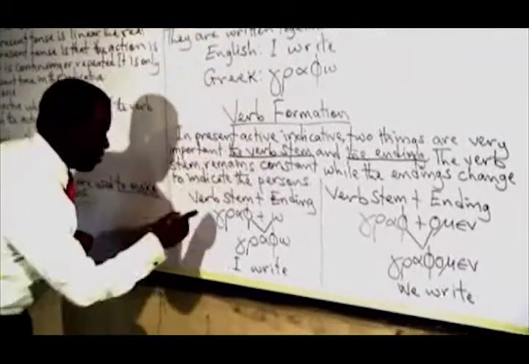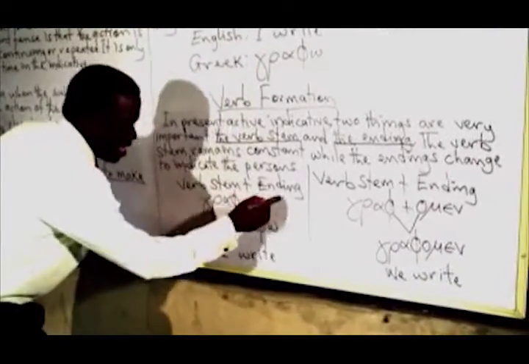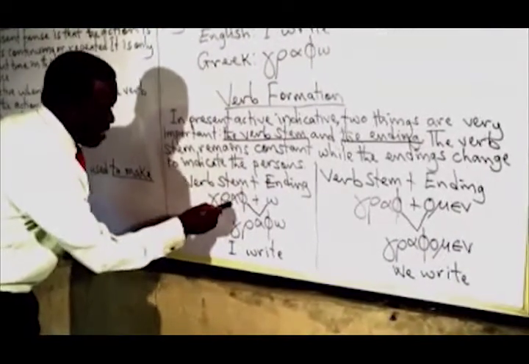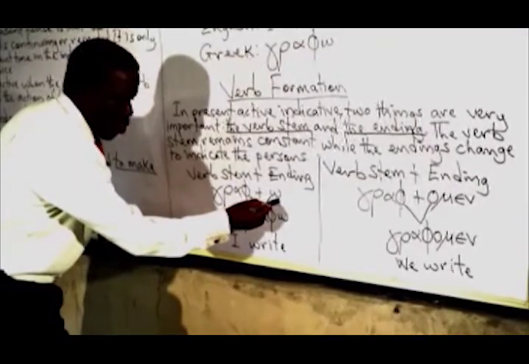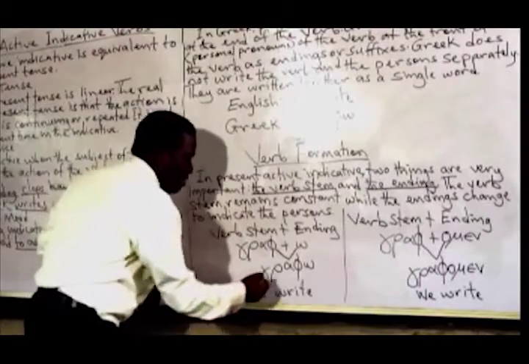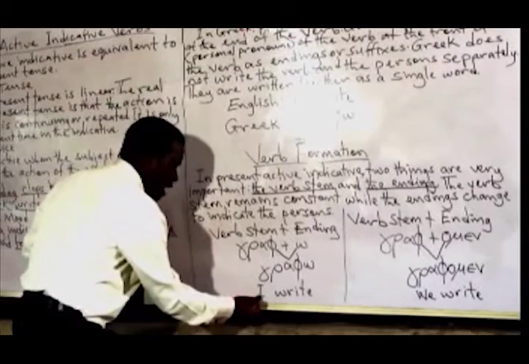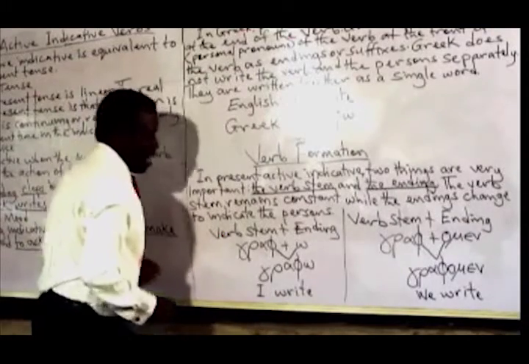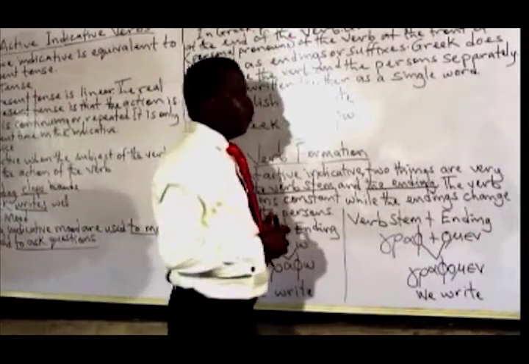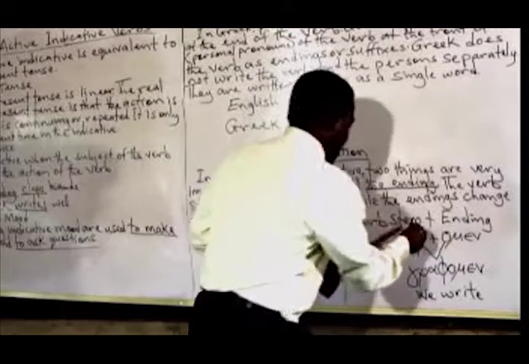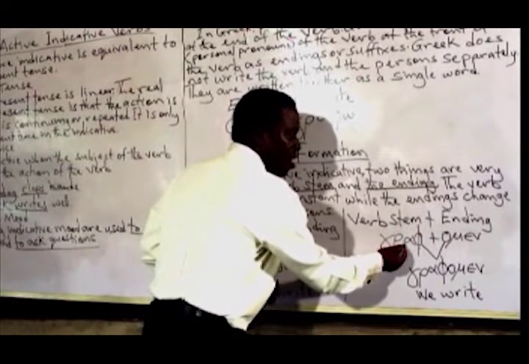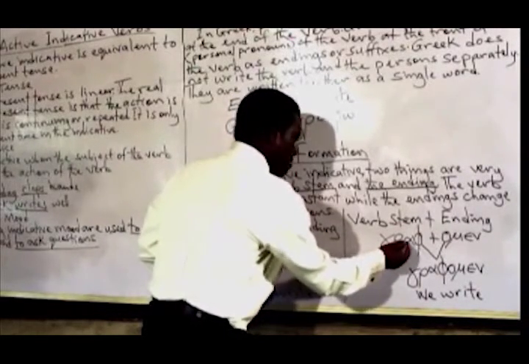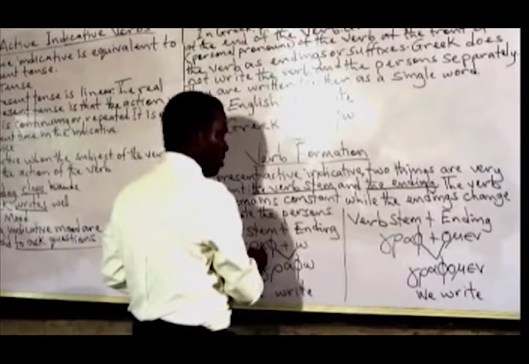Example, here we have the verb stem and ending. We have graph, which is the verb stem, and the ending, omega, which is O. Joining the two together, we have grapho, which means I write. Now, if you want to say we write, the verb stem remains constant, it does not change. The same verb stem we have here is what we have here.